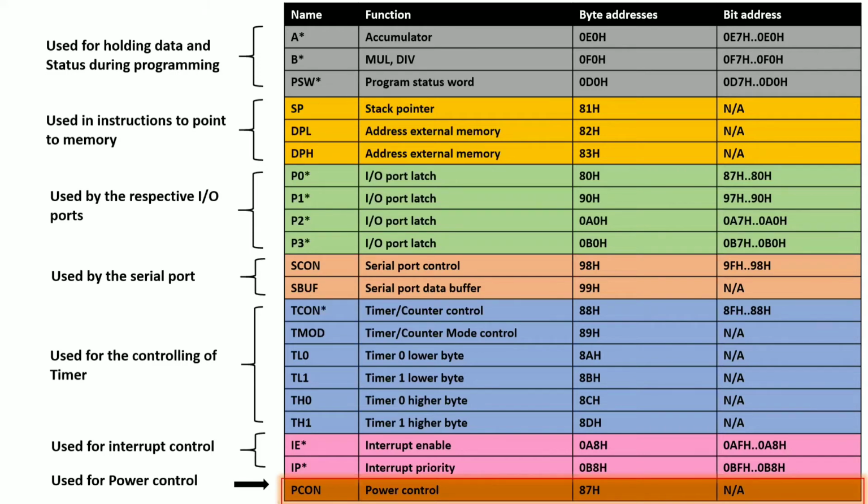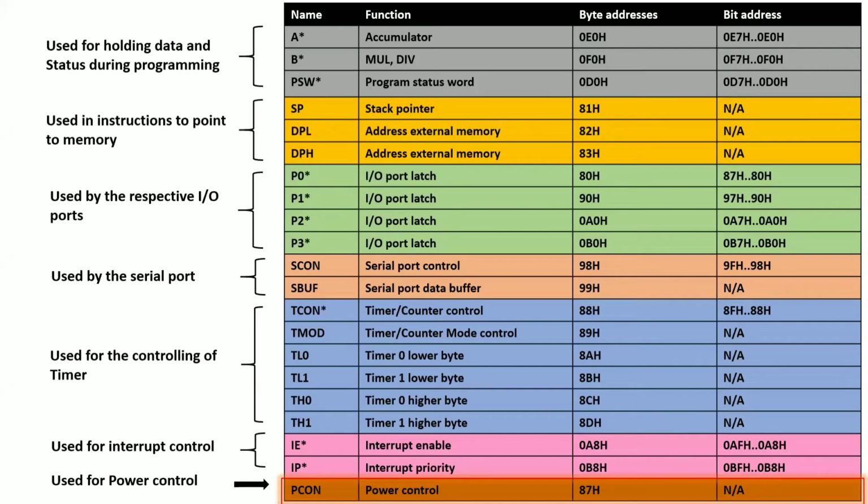Okay, so that is your special function register. Registers are classified into two categories: general purpose and special purpose. There are a total of 32 general purpose registers and 21 special function registers. The 21 are divided into 7 categories which we have seen just now. Some of the special function registers are bit addressable and all the remaining ones are byte addressable registers.